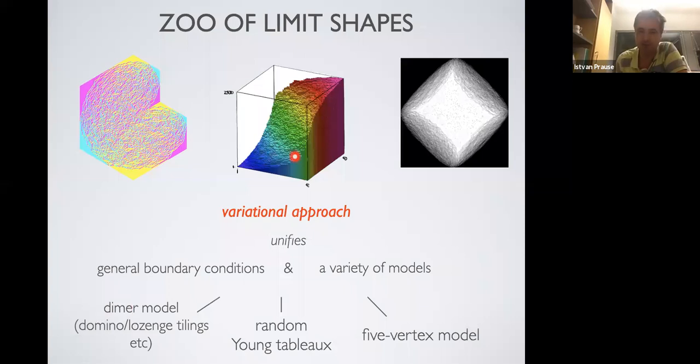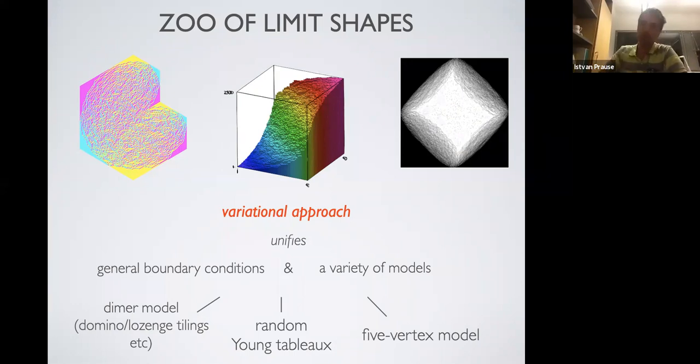This is a simulation for a random Young tableau in the middle, and then also something about the 5-vertex model. This picture is actually a 6-vertex model simulation, so what's going on here is more mysterious. But for the 5-vertex model, we now have a fairly good understanding.